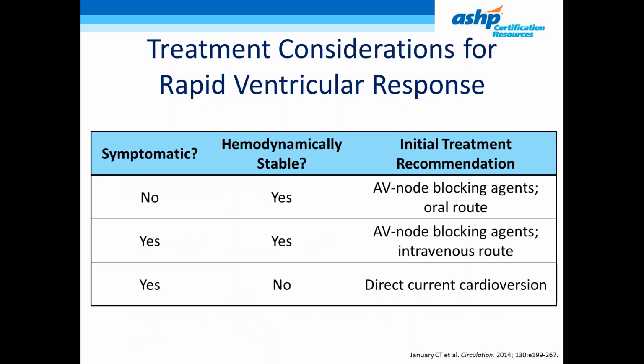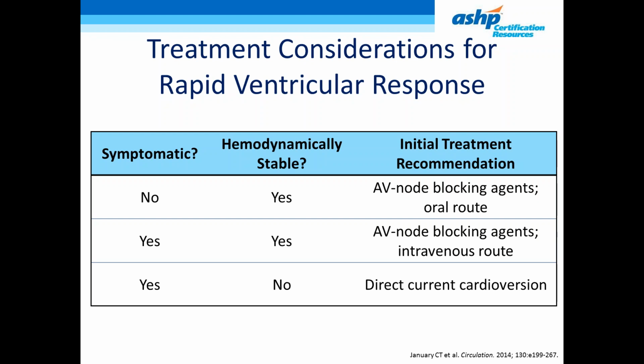In terms of deciding what treatment consideration to give to the patient in atrial fibrillation with a rapid ventricular response, we have to ask ourselves 2 questions. One, is the patient symptomatic? And two, is the patient hemodynamically stable? If the patient is not symptomatic and is hemodynamically stable, then we have time to consider AV nodal blocking agents by the oral route.